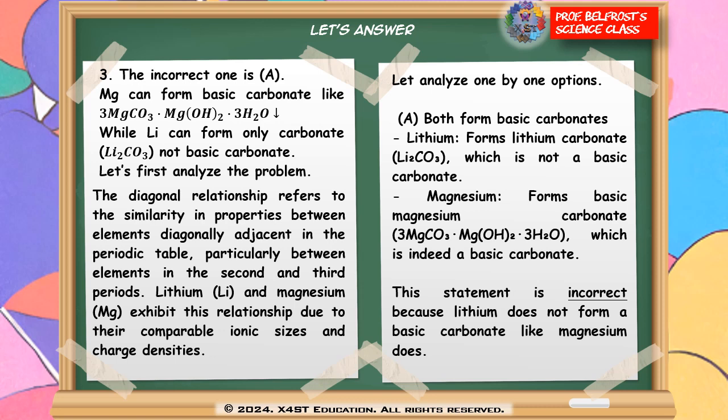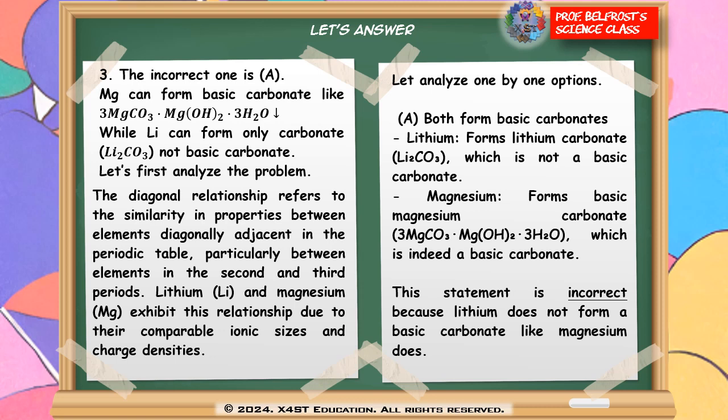Now for number 3, it's chemistry. For this we need to analyze the options one by one, and we get that the incorrect one is option A, because magnesium can form basic carbonate while lithium can form only carbonate, not basic carbonate.